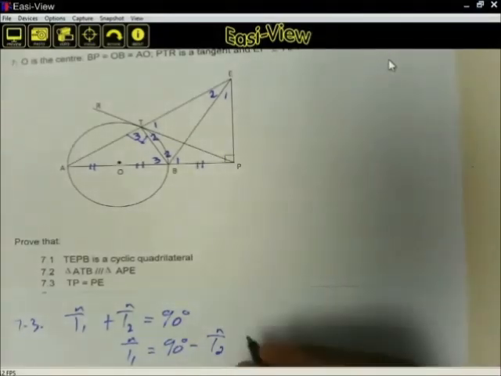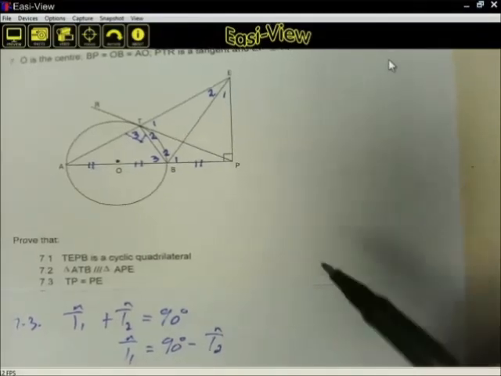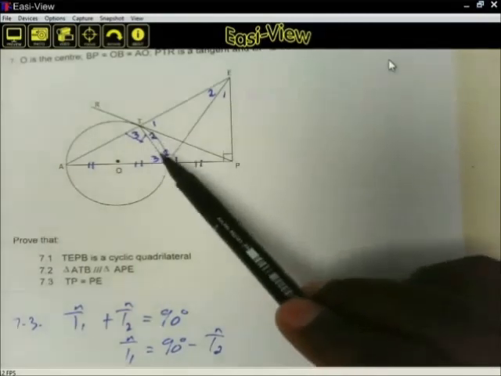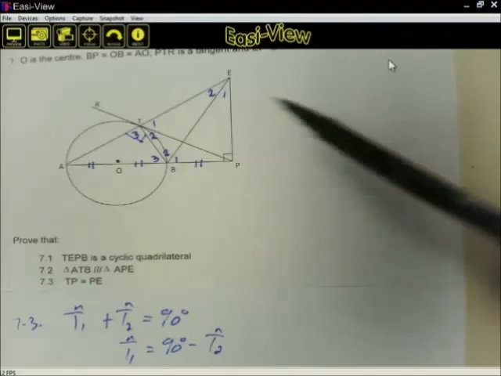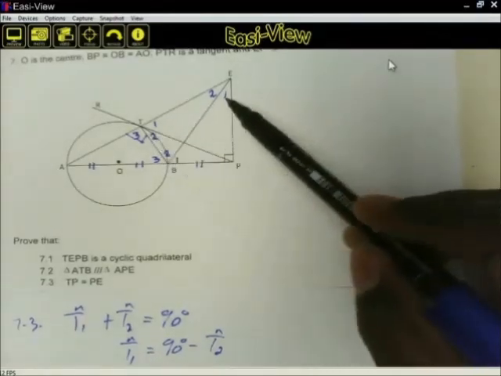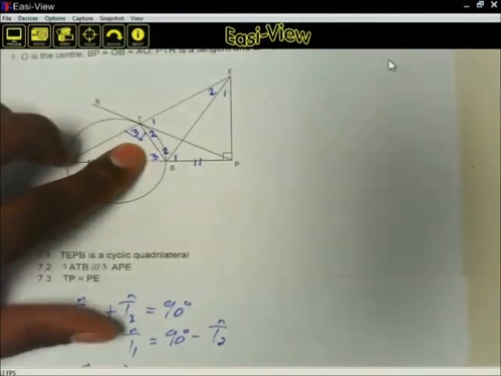Maybe I should also indicate that T1 is also equal to B1. Remember, TEPB is a cyclic quad. What does that mean? It means T2 is equal to E1. Remember, T2 is equal to angle E1.